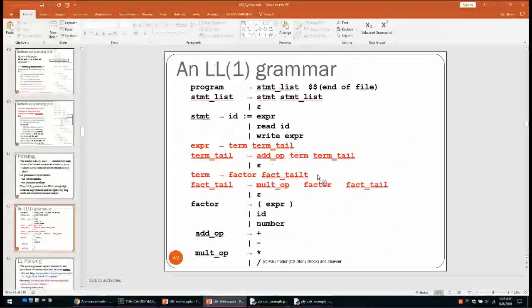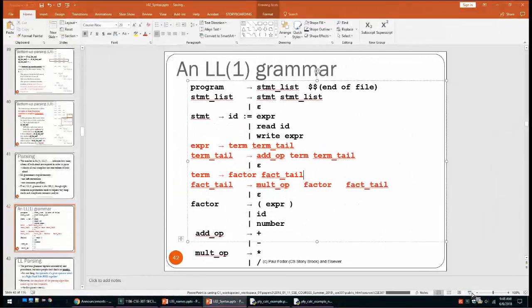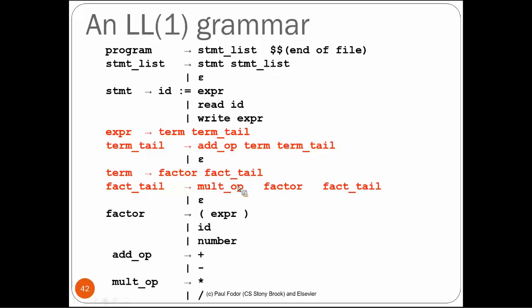There is an extra t here that, let me correct it. A factor tail is a multiplication operation followed by a factor tail, or it's epsilon. And the factor is either an expression within parentheses, an ID or a number. An add operation is plus or minus, and the multiplication operation is a multiplication or division.